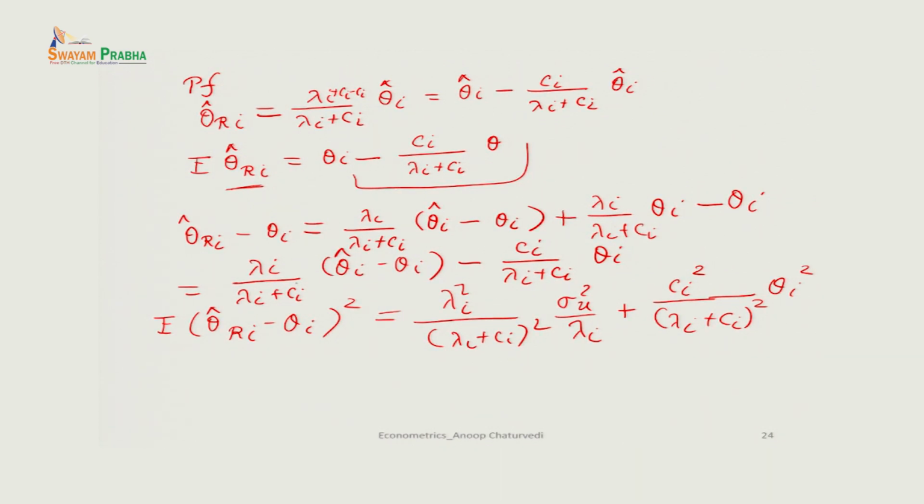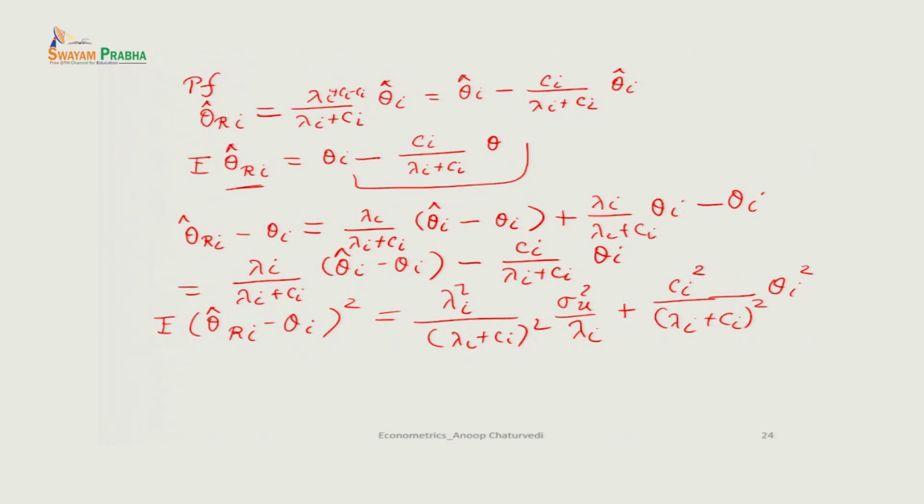And then we have the cross product term. The cross product term has expectation 0, because this is a constant, and the expectation of theta i hat minus theta i is equal to 0. And then if you simplify this summation, you get the expression for the MSE of theta hat r i. To obtain the value of C i which minimizes this MSE, you simply differentiate it with respect to C i and then you solve it for C i.